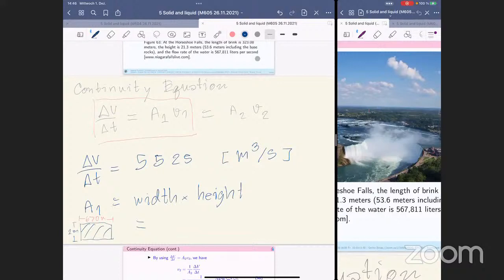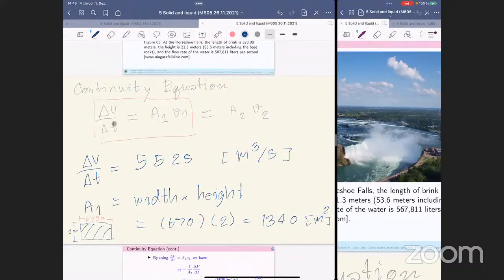Width is 670 and height is 2, so it's going to be 1,340 square meters.